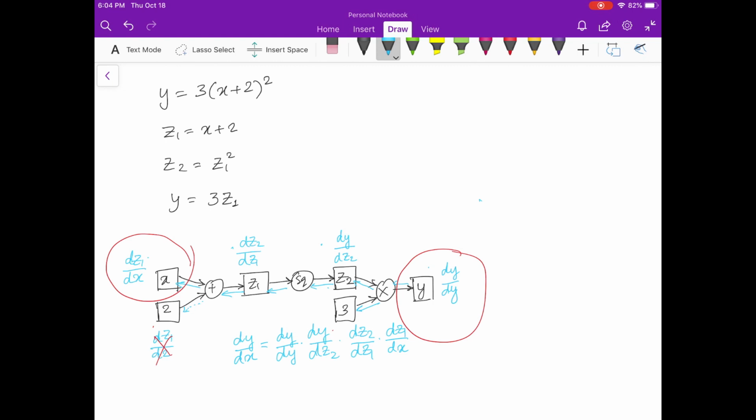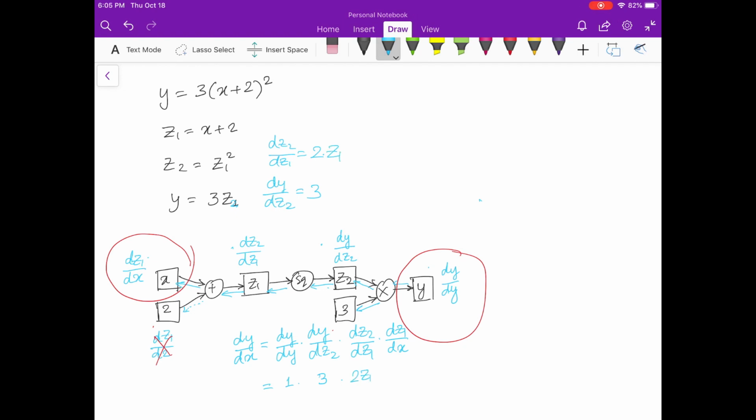So now let's start replacing the values. So dy dy is replaced with 1 because that's kind of a no-op derivative. dy dz2, I'm sorry, this should be c2. So let's see, dy dz2 is simply 3. So replace this with 3. dz2 dz1 is simply 2 times z1.